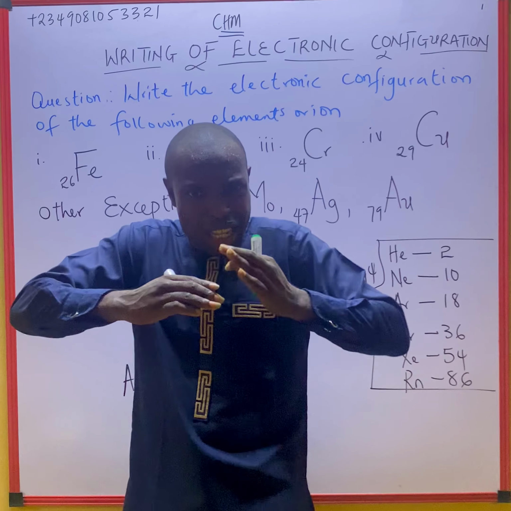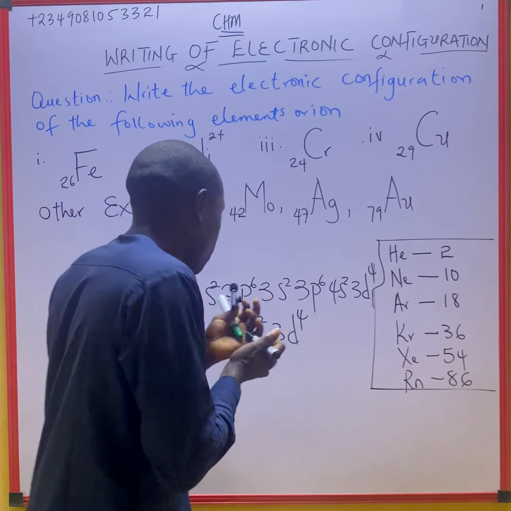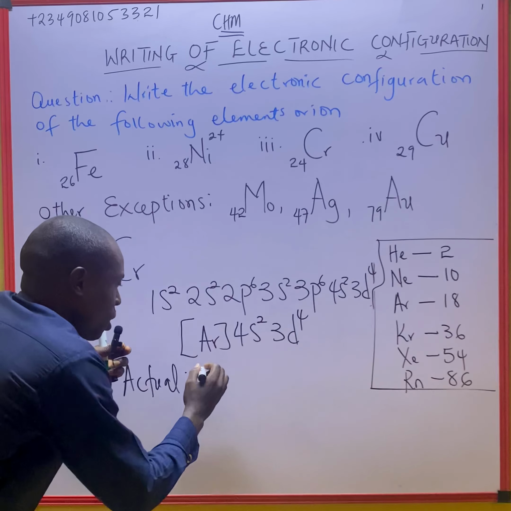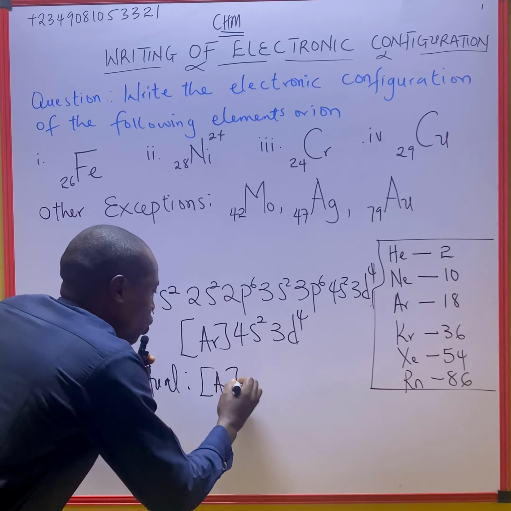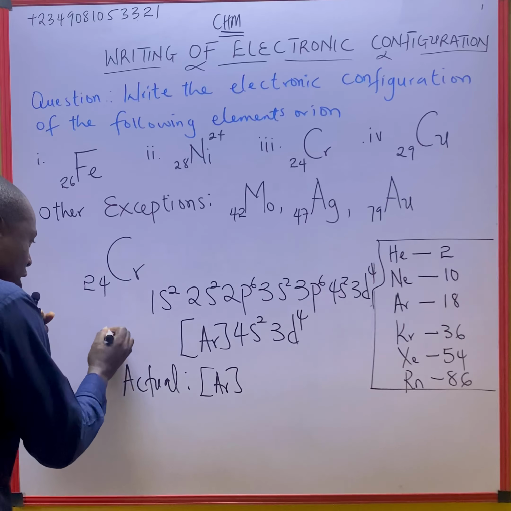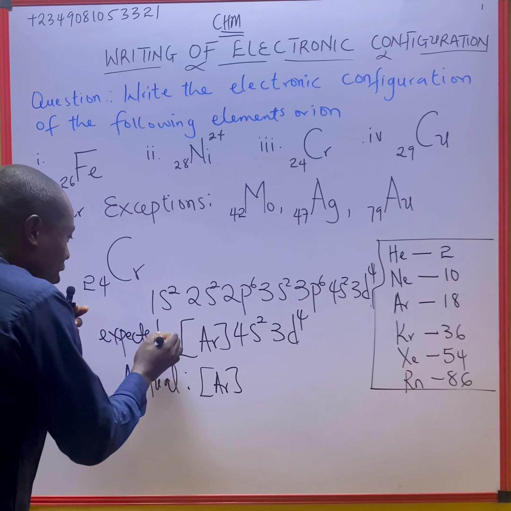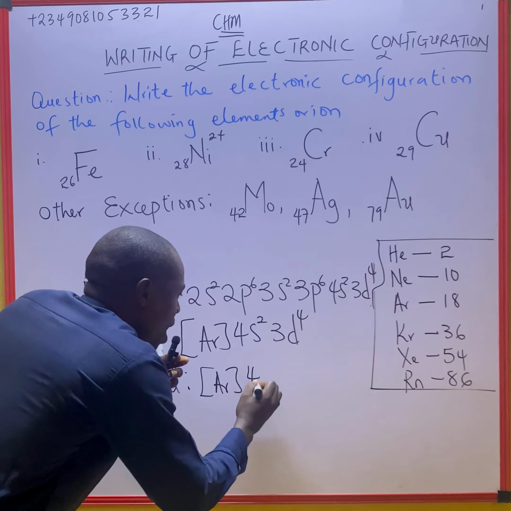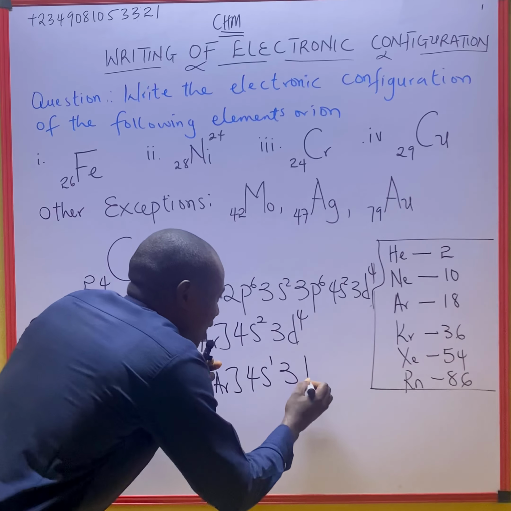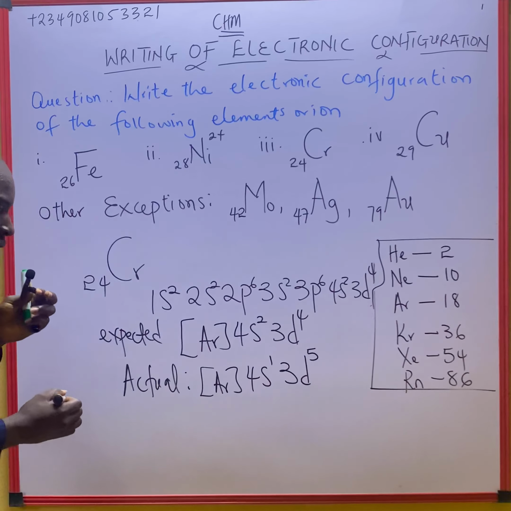So half is stable. Now the real one is 4s1, 3d5. Is that clear now?